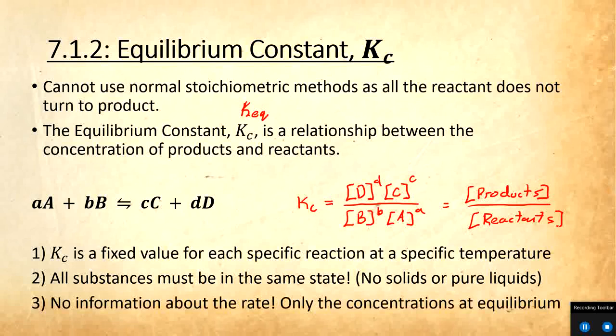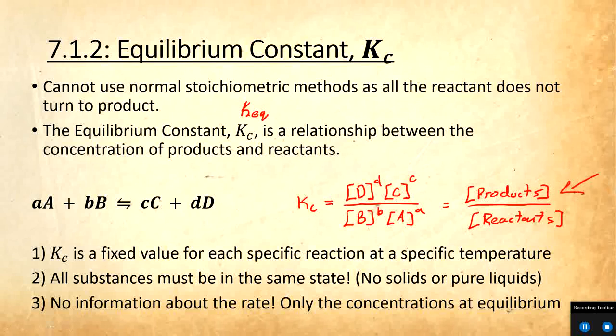And three, a very important thing is that the equilibrium constant does not tell us any information about the rate of the reaction, only the concentrations once the reaction is at equilibrium. Perhaps we have an equilibrium where we have a lot of products. Products are on the top over here in our equilibrium expression.